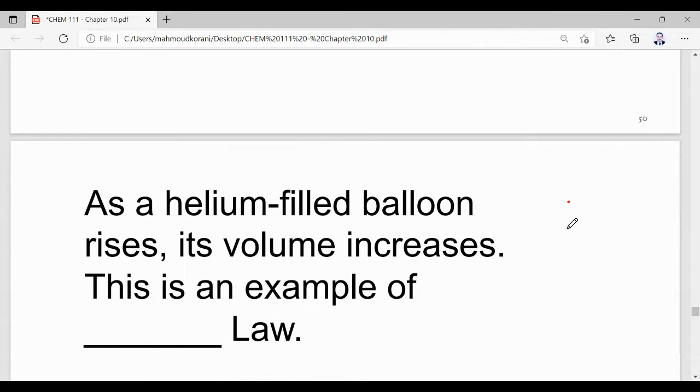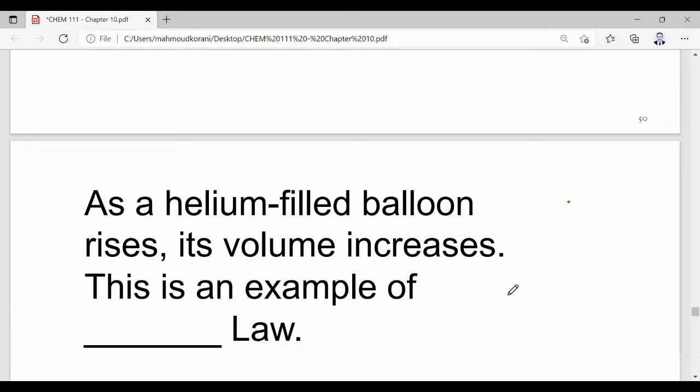As a helium-filled balloon rises, its volume increases. This is an example of what law? Boyle's or Charles's? The helium-filled balloon rises up, so the volume should change.